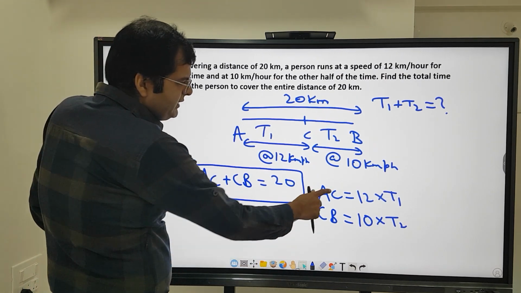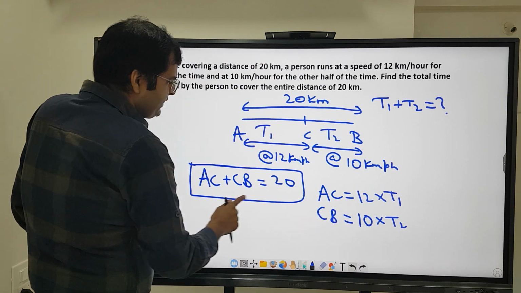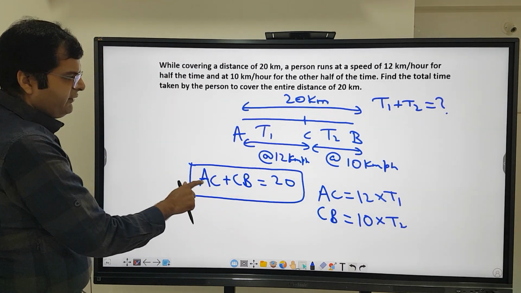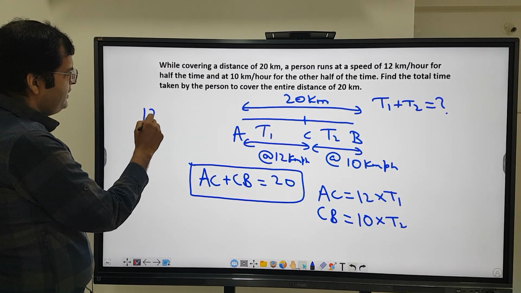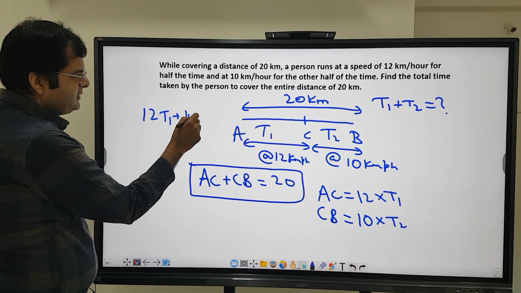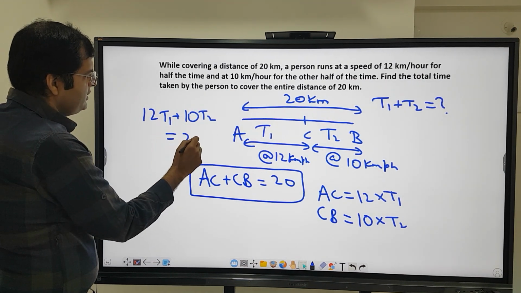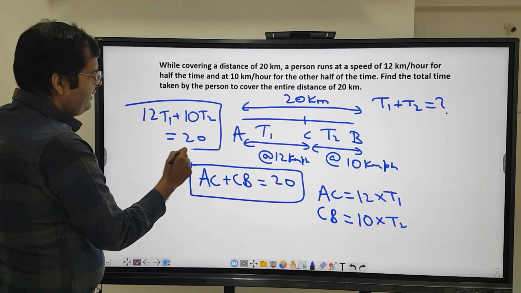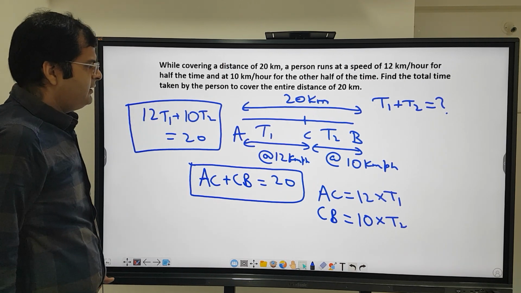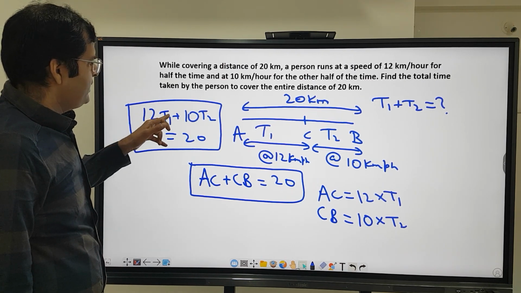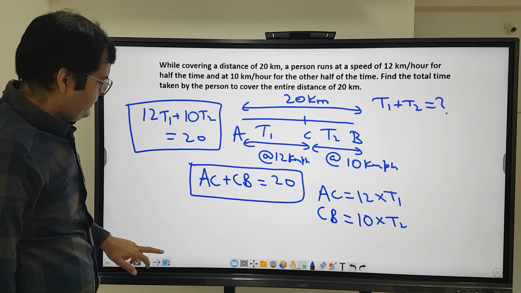So AC is 12 T1 plus CB is 10 T2 is equal to 20. So I have this equation in T1 and T2.